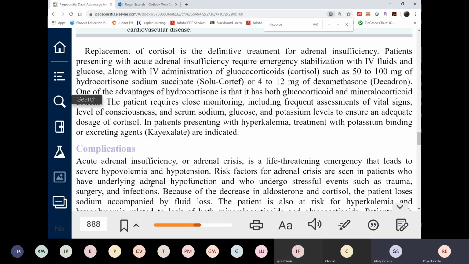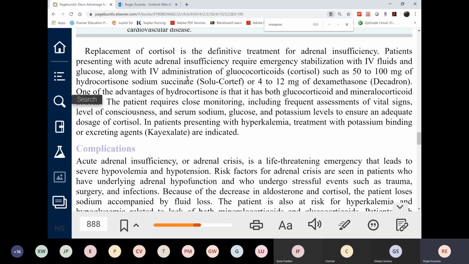We give the patient levothyroxine. So what do you think will be the treatment here? The patient is low on cortisol and low on aldosterone. We are going to give them hormones. All right, exactly. We will give the patient hormone replacement. So we will replace mineralocorticoids. We will replace glucocorticoids. So the patient will receive steroids here.